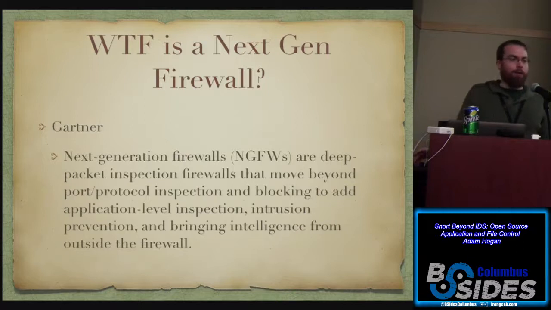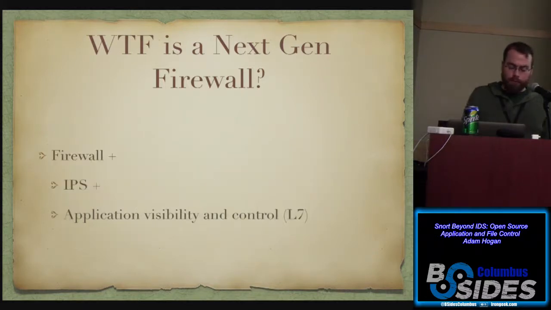I'll take Gartner's, which is basically a deep packet inspection firewall that moves beyond port and protocol inspection and blocking to add application level inspection, intrusion prevention, and bringing intelligence from outside the firewall. So it's a firewall, it's an IPS, it's an application layer firewall. That's everything we've got bundled into a Next Gen firewall, according to that definition, and that's what I'm going to be operating off of.